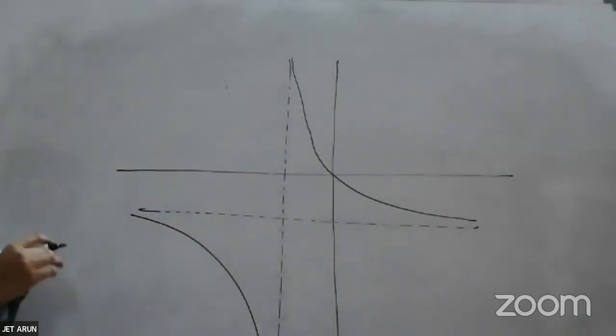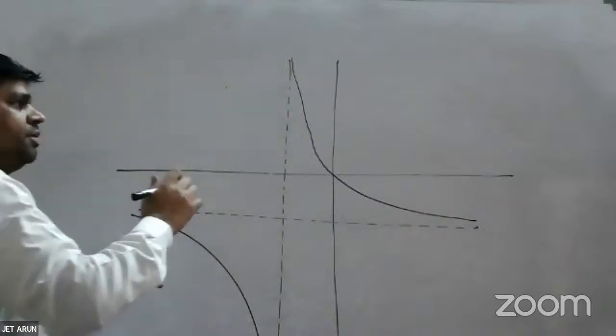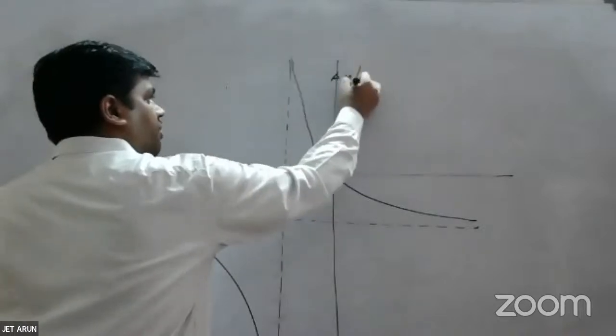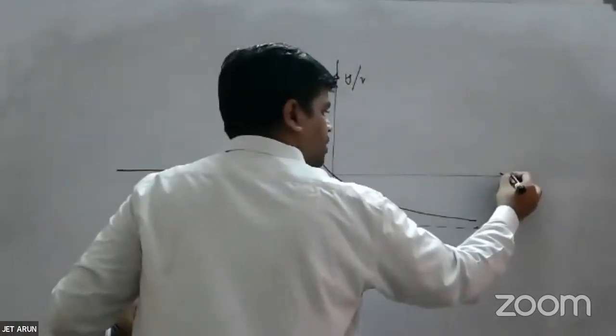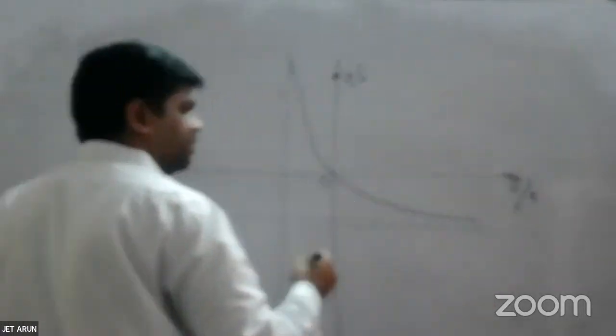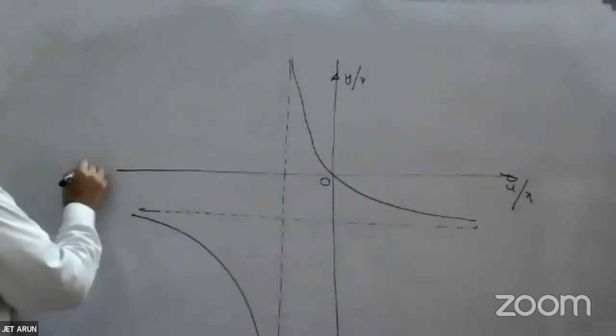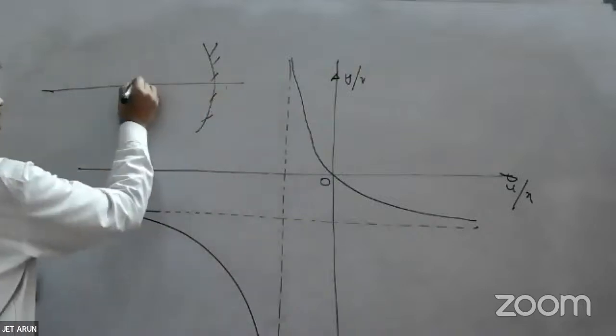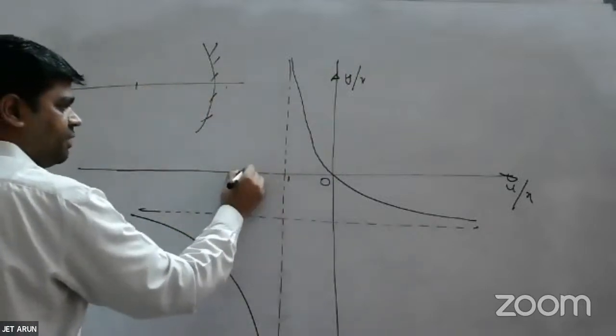Now let us see object ఎక్కడ ఉంటే image ఎక్కడ form అవ్వాలి. For a ఇది origin, ఇది y or v, ఇది u or x. Now object is at, for a concave mirror, object is beyond center of curvature. Focal length 1 అంటే center of curvature is 2 కదా.